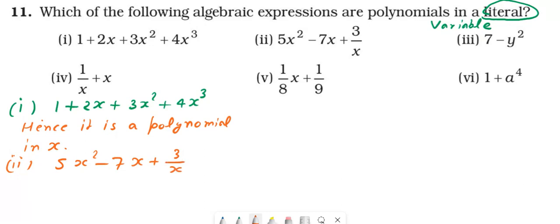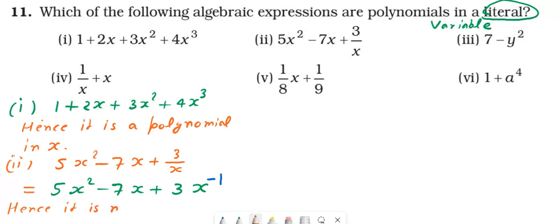Beta, by simplification we can write 5x square minus 7x plus 3 x to the power minus 1. बेटा x को जब हम ऊपर लेकर जाएंगे तो पावर कितना हो जाएगा? नेगेटिव. Now you can see that the power of x is not whole number in all the terms because minus 1 is not a whole number. Hence, it is not a polynomial.